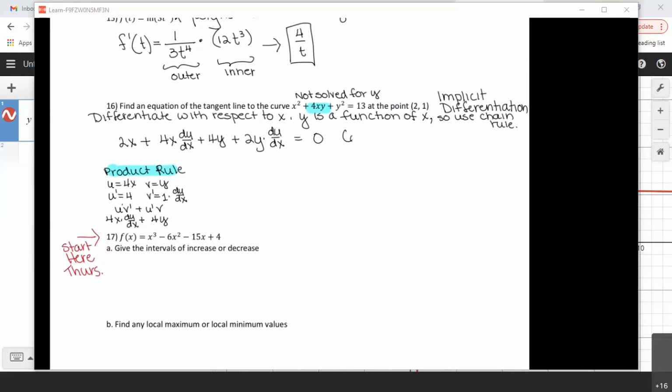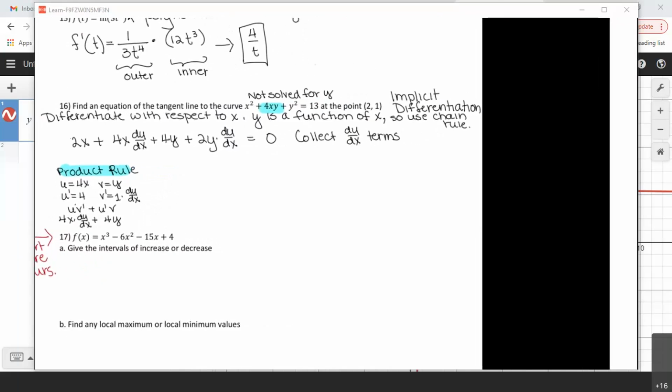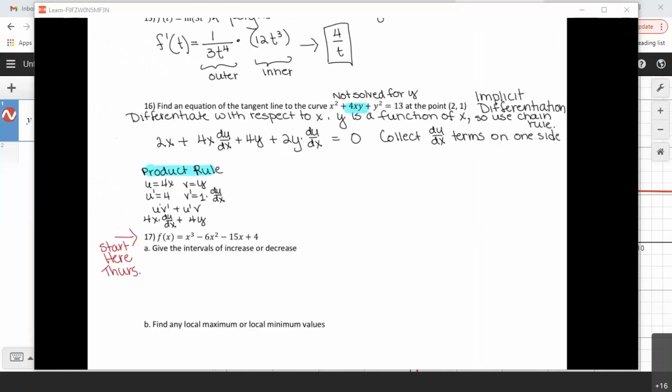Then I have to collect dy dx terms on one side. They're all on the left already, so the non-dy dx terms go on the other side.